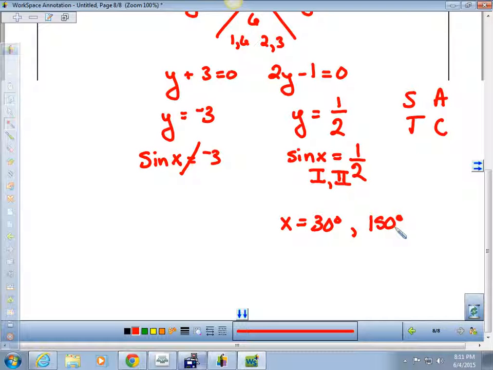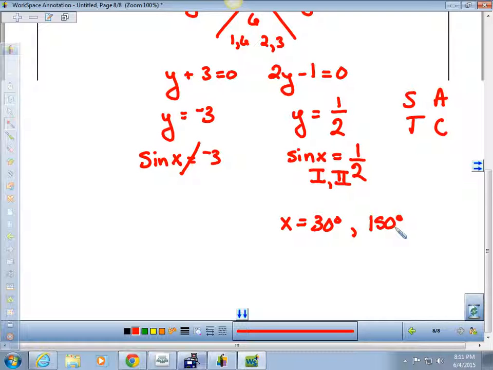But I never move on to the next problem until I go back to the problem and make sure I have answered it. Have I answered this question? No. I have not answered this question. They want the answers in what? Radians.